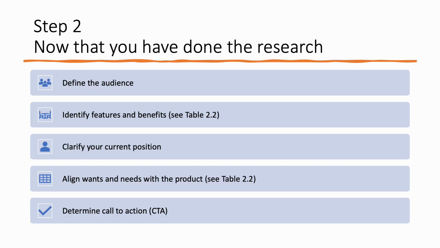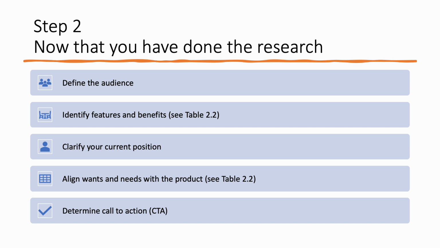So, once you've gathered all your facts, you want to ensure that you're properly defining your audience. You identify the features and benefits of your product. You clarify your position. You align wants and needs with the product, and then you determine your call to action.